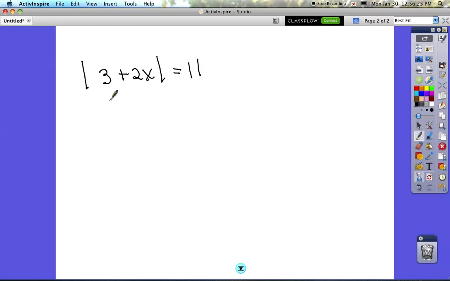So it's telling you that you want the two answers that are equidistant from here. Otherwise, it would just be a regular equation, which is not going to give you two answers. So this is a specific type of problem. Okay? Now, to solve this, we bring it out of the brackets, and we bring it out of the bracket and change the sign. Okay, go ahead and solve that one.